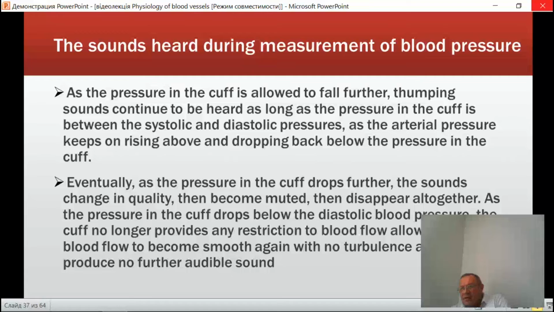Eventually, as the pressure in the cuff drops further, the sound changes in quality, then becomes muted, then disappears altogether. As the pressure in the cuff drops below the diastolic blood pressure, the cuff no longer provides any restriction to blood flow, allowing the blood flow to become smooth again, with no turbulence, and thus producing no further audible sound.